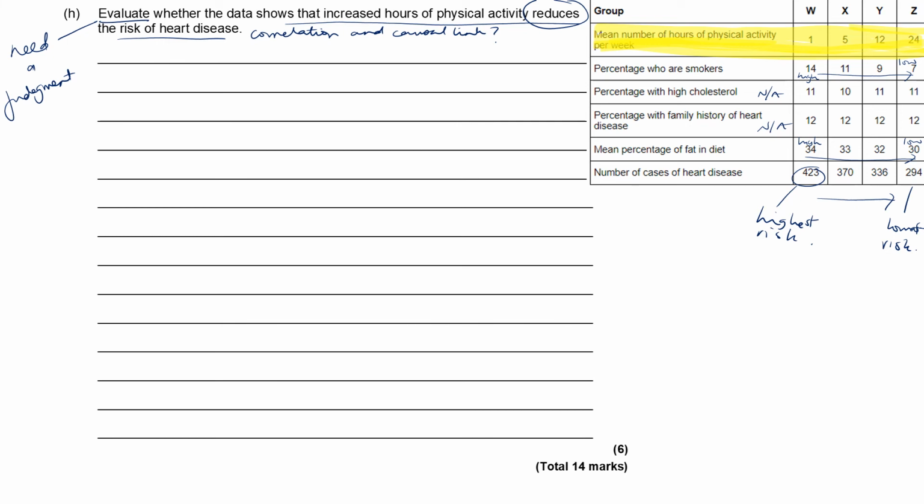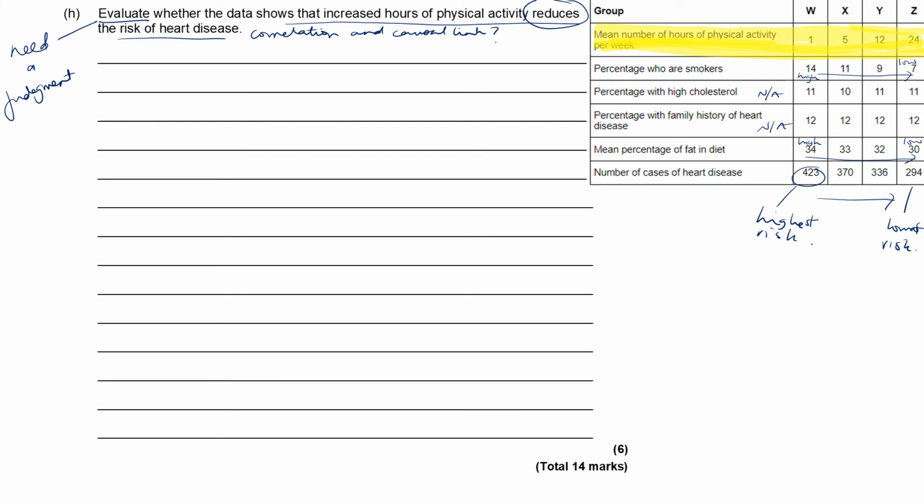So before I write anything in my essay, I'm going to really deeply annotate the table, and I can see that the number of cases of heart disease decreases as the number of hours of physical activity per week increases. So there is a correlation, and you can see I've put highest risk to lowest risk for that.